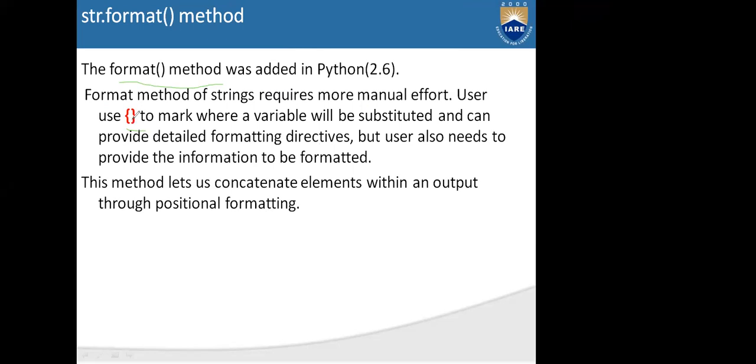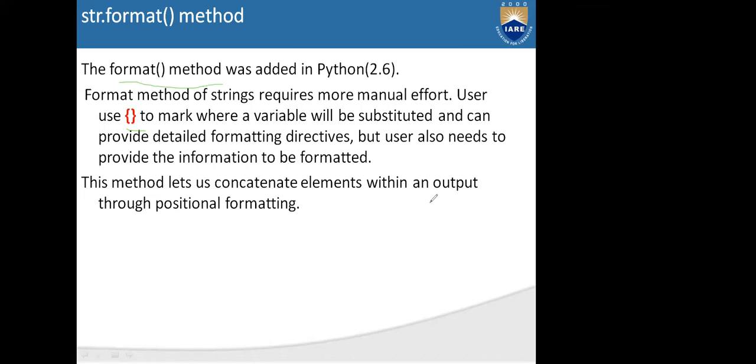Now, instead of using 6.4f like that, as we have used, just we will use these parentheses and sometimes some arguments also. I'll explain how to use it. This is the position we specify. We will call it positional formatting, the output through positional formatting.